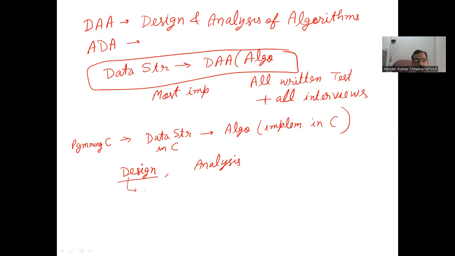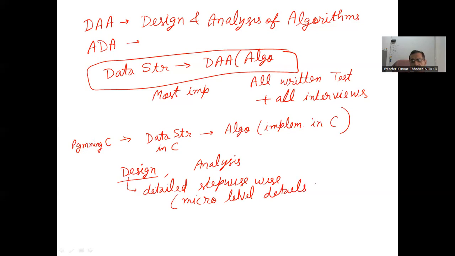You have to find out the detailed stepwise logic, you have to plan it. I call it micro planning, micro level details, then macro level. Once the code and its working are understood, that is what we call the design aspect.